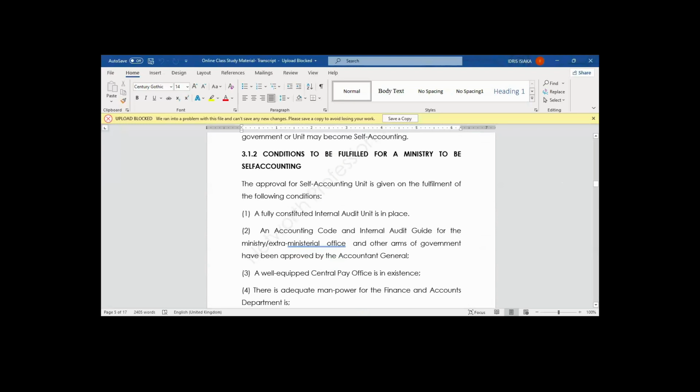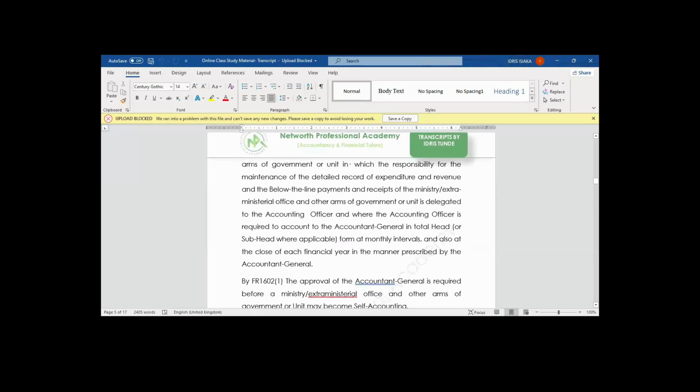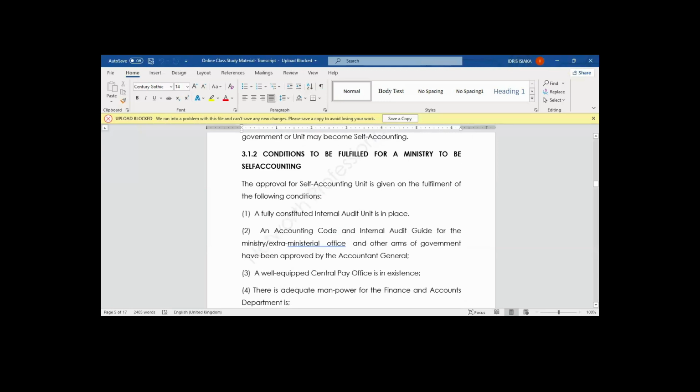All those ministries are self-accounting units. So when you are asked, what are the examples of self-accounting units? Ministry of Finance, Ministry of Work, Ministry of Health, Ministry of Transportation, Ministry of Information, because they have control over their revenue and expenditure. They prepare account on their own. Self-accounting units are the units that have power to prepare their own financial statements.